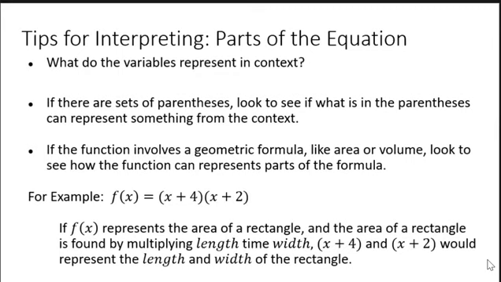If the function involves a geometric formula, like area or volume, look for the parts of the formula, like the length and width of the shape, and see if you can match the parts of the equation to each part of the formula. For example, if f of x equals the quantity x plus 4 times the quantity x plus 2, and the function represents area, then one factor, x plus 4, could represent length, and the other factor, x plus 2, could represent the width of the rectangle.